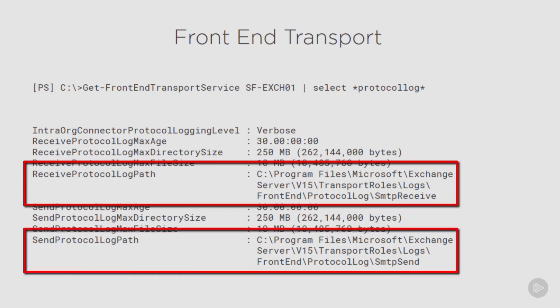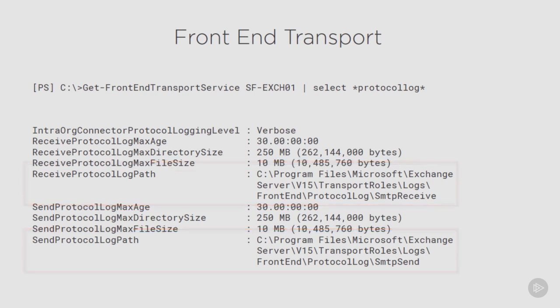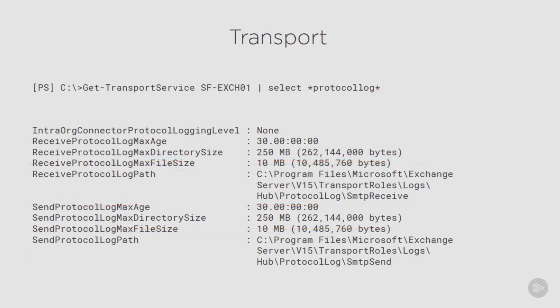What that means is that the service will log protocol logs for receive connectors to the receive folder and send connectors to the SMTP send folder. The same is true for the transport service, which logs to a folder named Hub instead of FrontEnd. The folder name Hub is just a carryover from the Exchange 2010 days when the Hub Transport server role existed, which was a role that performed much of what is now simply the transport service in Exchange 2016.